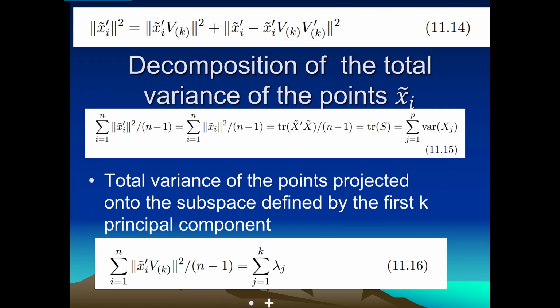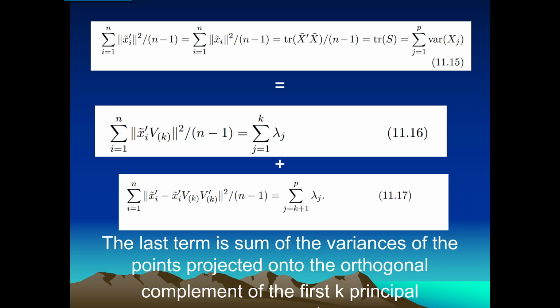Therefore, when you take the sum of these quantities, the sum of the first k eigenvalues is the total variance of the points projected in the space spanned by the first k principal components. On the other hand, the sum of the remaining eigenvalues is the variability of the points projected into the orthogonal complement of the first k principal components. It's incredible, eh?